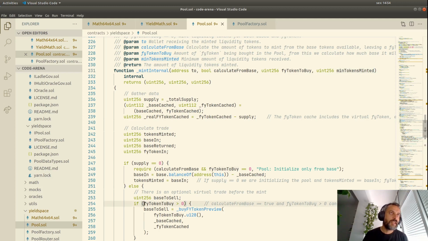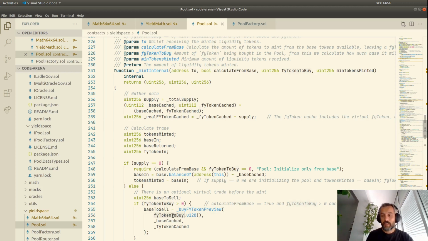If there is any FY token to buy, what it will do is to calculate the trade internally and say, okay, so this guy has provided this much, this guy has asked me to buy this much FY token.